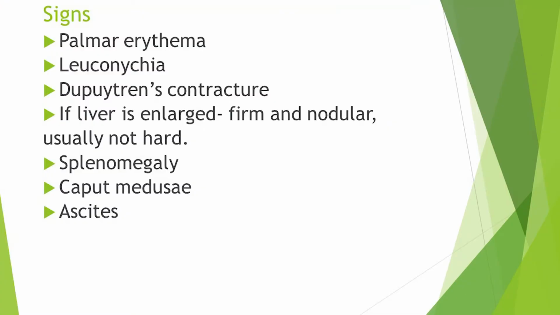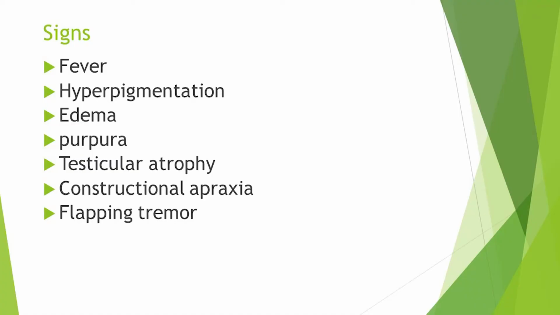We can examine other features in cirrhosis of liver, such as caput medusae, which is detected at the umbilicus. Low-grade fever may be seen in cirrhosis of liver, and some hyperpigmentation if the patient is suffering from hemochromatosis.